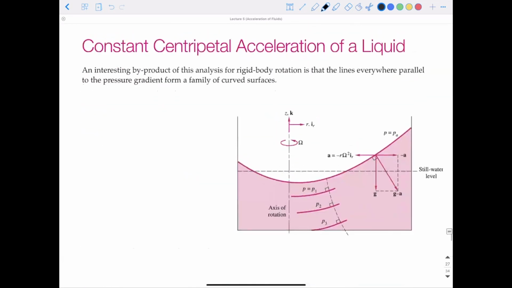So if we go back to that picture, then we said this isobar P(r,z) is equal to some constant pressure, PA, and is going to be parabolic. And the isobars are here.